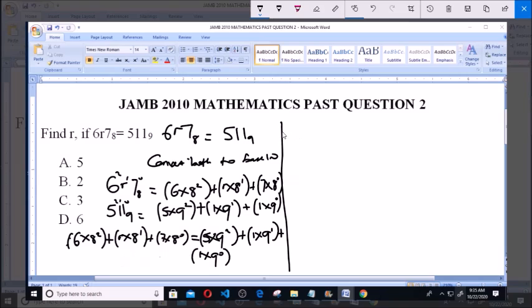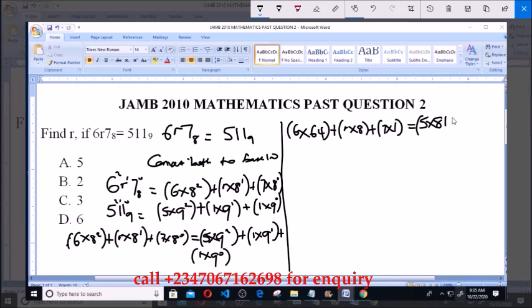Now from this we have that 6 multiplied by 8 raised to the power of 2 will give us 64, plus R multiplied by 8 raised to the power of 1 is 8R, plus 7 multiplied by 8 raised to the power of 0, which is 1. Then this is equal to 5 multiplied by 9 raised to the power of 2, which is 81, plus 1 multiplied by 9 plus 1 multiplied by 1, since 9 raised to the power of 0 is 1.